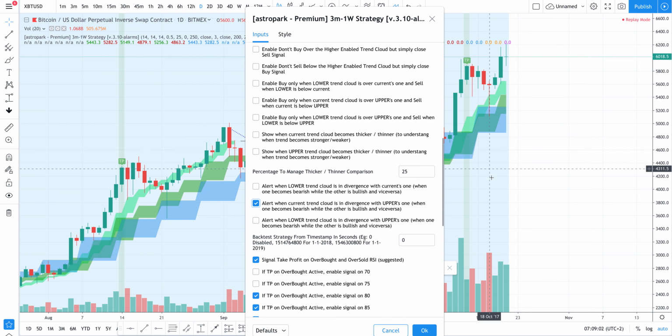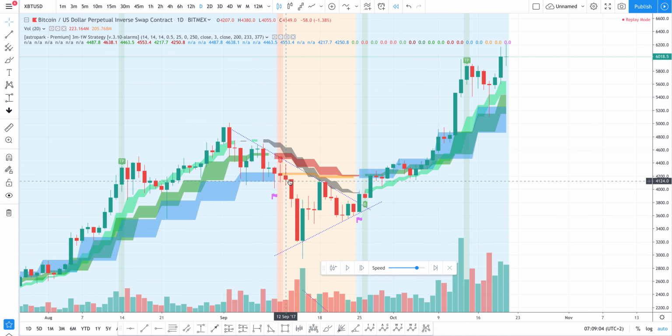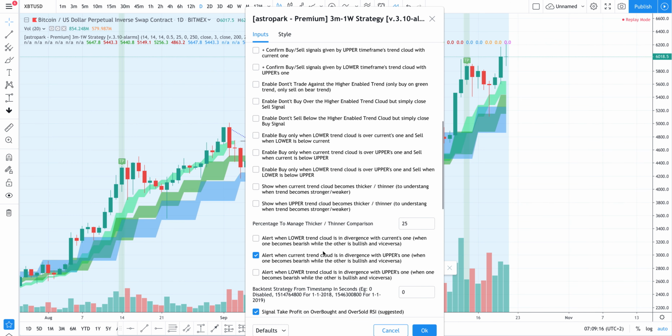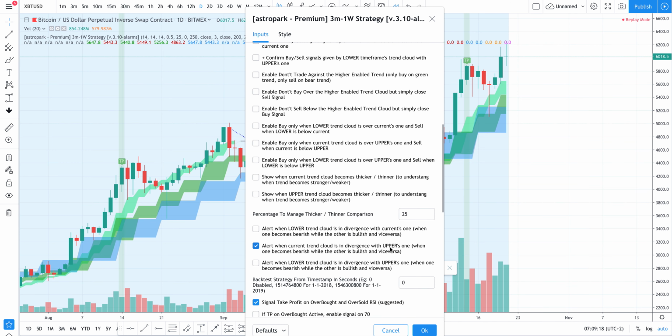So for example, with these flags, it shows me the comparison of current and upper. So when one becomes bearish while the other is bullish, and vice versa.